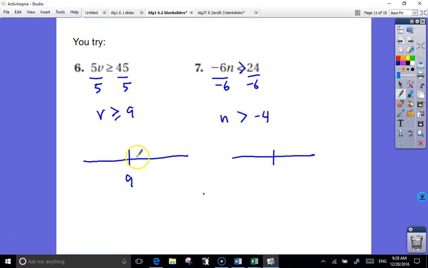Okay, open or closed for the first one? Closed, left or right? Okay, open or closed? Left or right? Right? Easy so far.